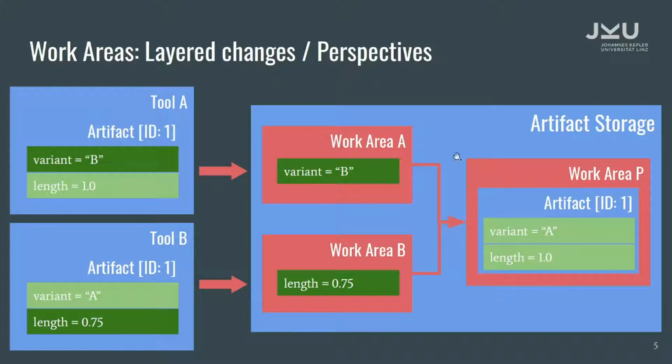And the work area together with the root work area forms the perspective of a tool on a certain artifact. So tool A has changed variant to B, so the change is in work area A, and tool B has changed the length to 0.75, so that changes in work area B. However, the properties that are not changed, those are retrieved from work area P, so variant A here and length.